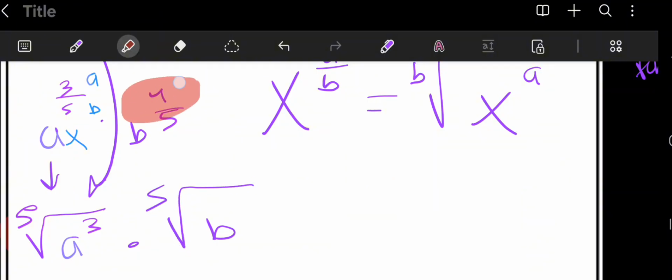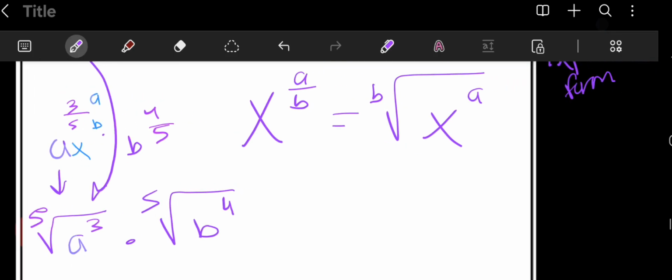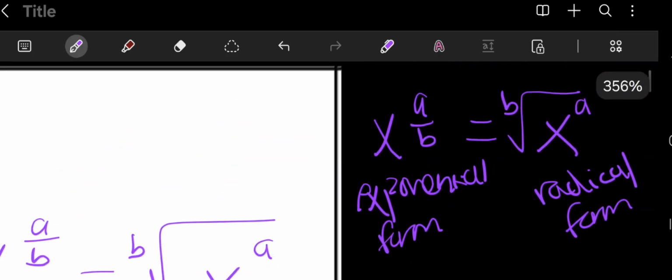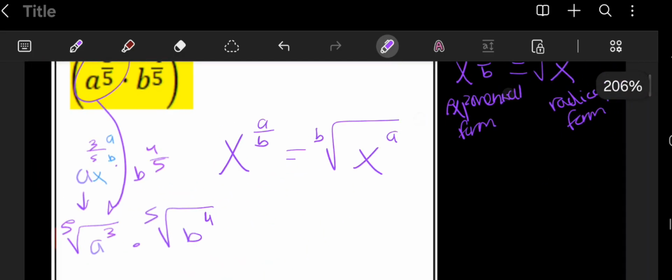And then this 4 right here is going to be what our x value is being raised to the power of. So this b is going to be to the power of 4, right? And really all we're using is this little rule right here. All you need to remember is how this rule works. If I were to tell you to memorize one thing, it would be all of this right here.